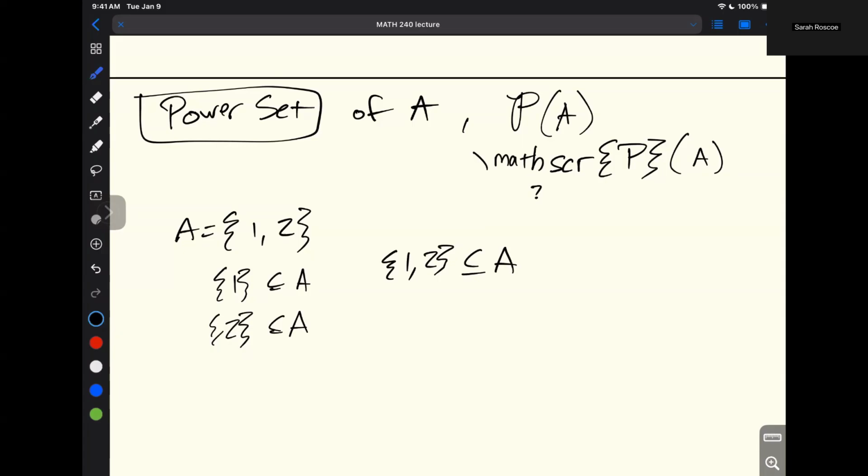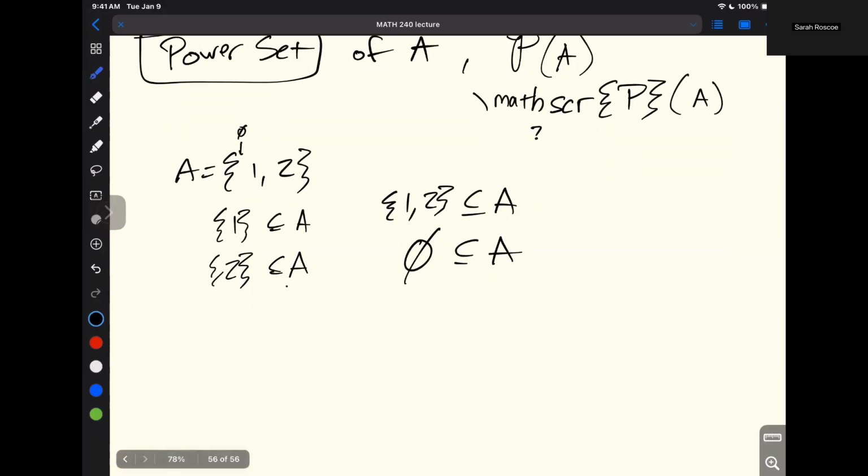Yeah, it just so happens to be equal, but that's allowed. Is the empty set a subset of A? Yes. Secretly in here, there's nothing, we just don't write it. So these happen to be all the subsets of A.